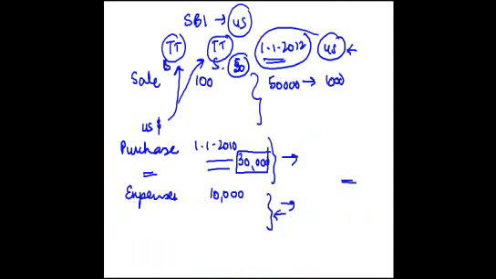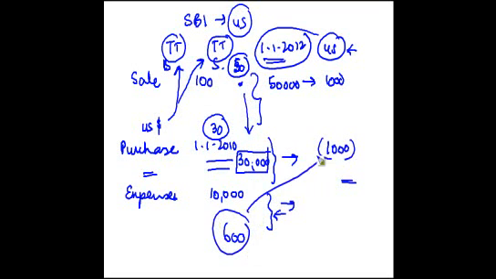Say on the date you purchased, the average was 30. So 1,000 becomes your cost of acquisition. Notice, if you had taken 50 as the rate, 30,000 divided by 50 would give you 600, whereas now you are getting a cost of 1,000.